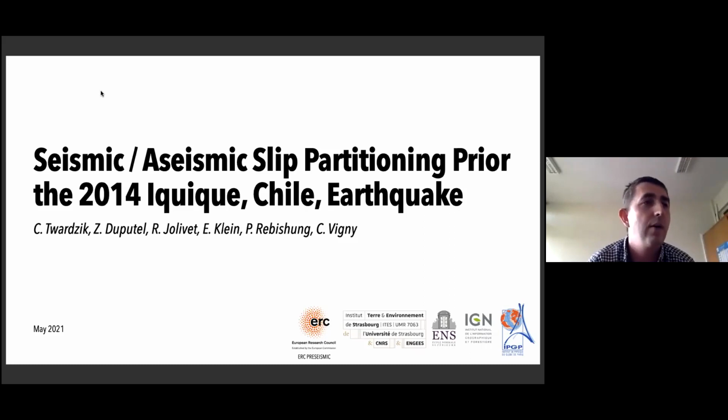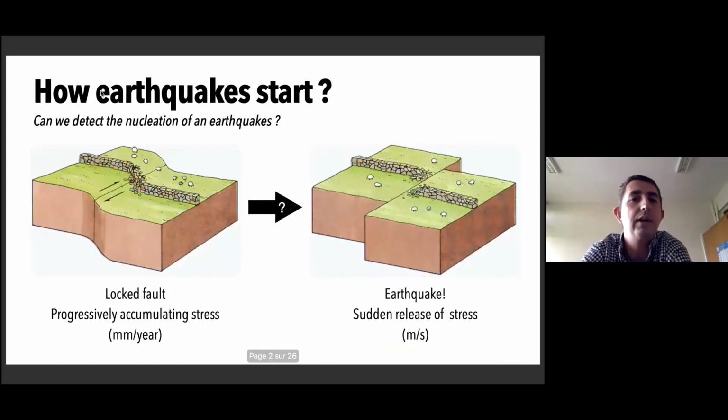In particular, what I'm going to attempt to do today is to get some estimate of the seismic and aseismic slip partitioning before this earthquake, because it was part of the debate that was going on when this earthquake happened. So I'm going to start with a very general and broad introduction.